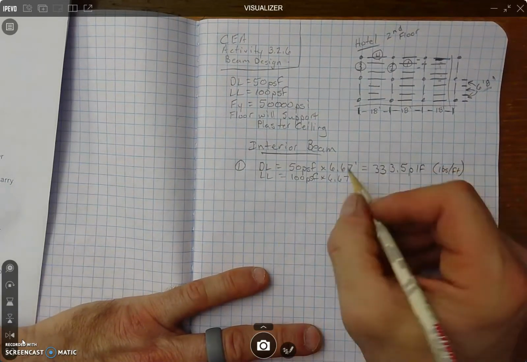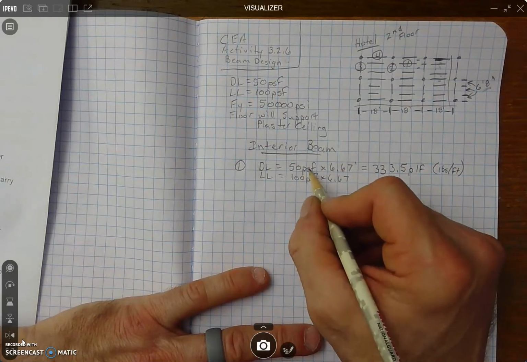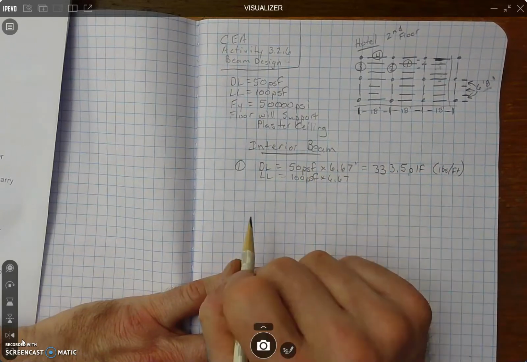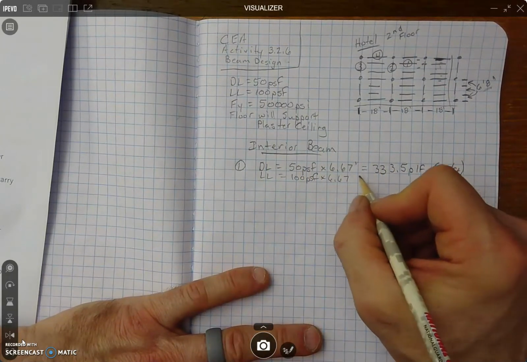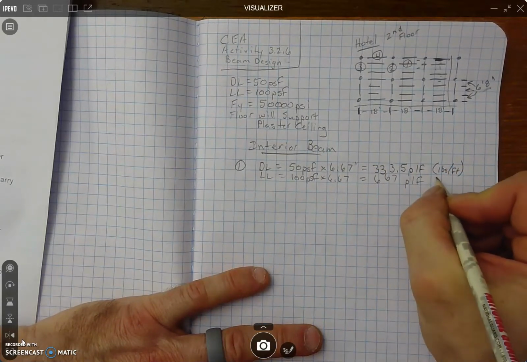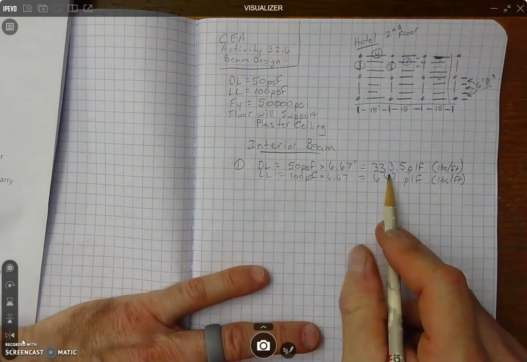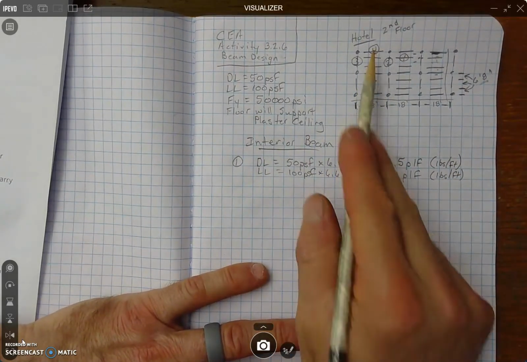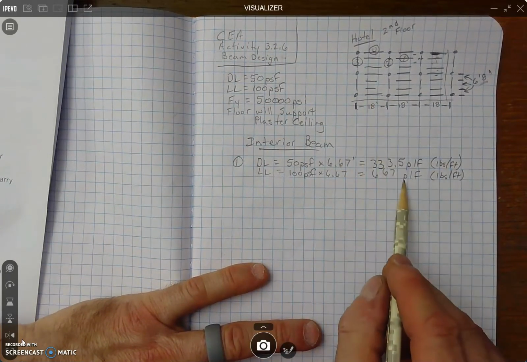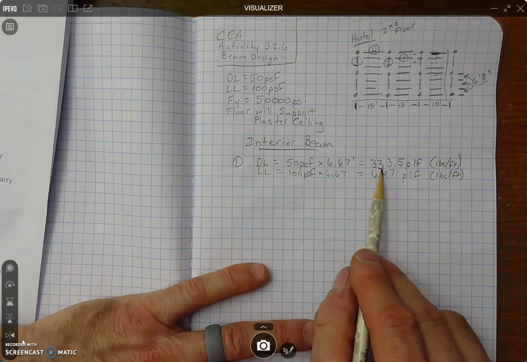This is pounds per square foot times feet, so the feet cancel out and you're left with pounds per foot. The live load is 667 pounds per linear foot. The units get a little bit confusing, but basically for every foot of beam I have, which is going to be 18, I'm carrying 667 pounds for my live load and 333.5 for my dead load.